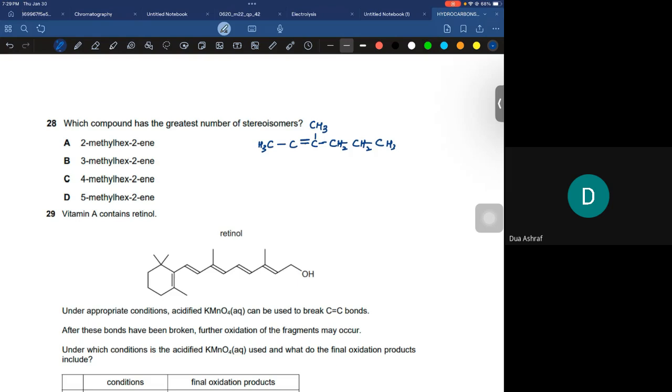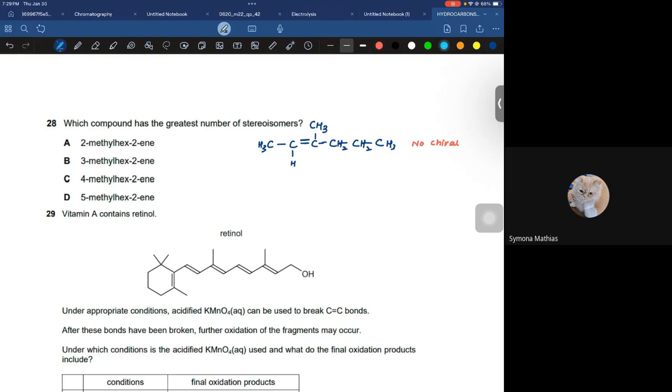So what do you think? Is there any chiral center? Yes or no? No, there is no chiral center, because a double bonded carbon is not a chiral center. Geometrical isomer is possible.